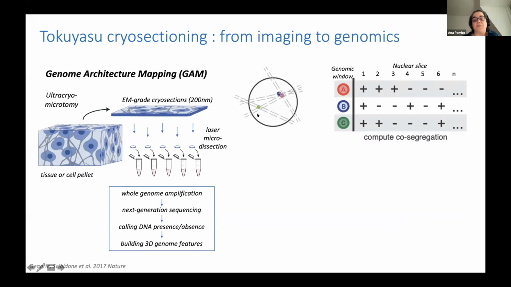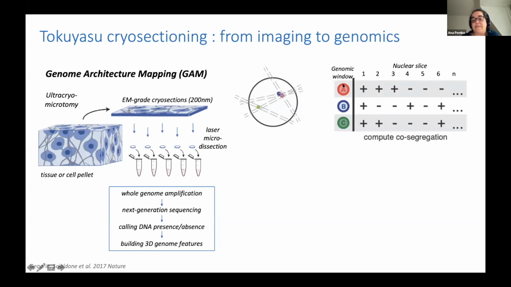And so the way this method works is a bit like surveillance in ecology, using principles of spatial statistics to infer organization. The genome architecture mapping data is essentially a big table in which we have the data from different cells, from single cells, which in this case we call a nuclear slice, each from a different cell.